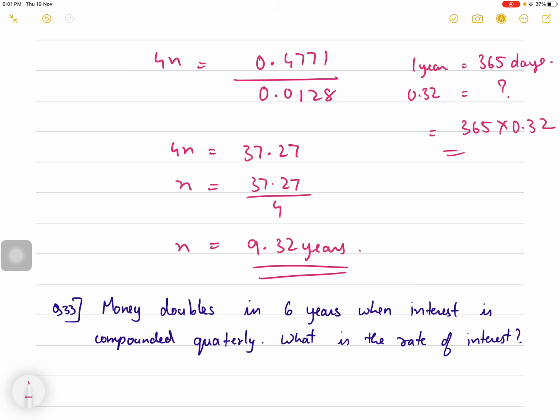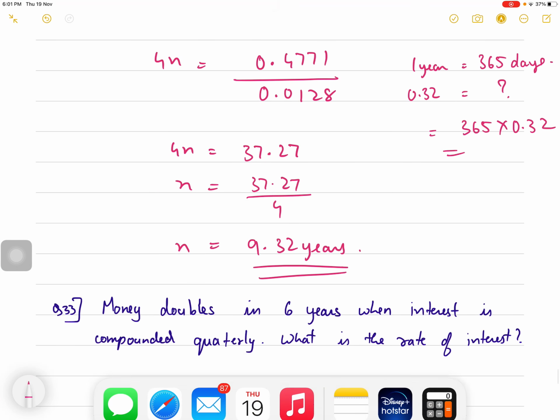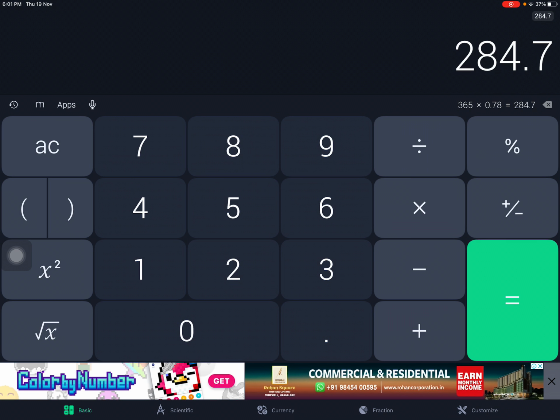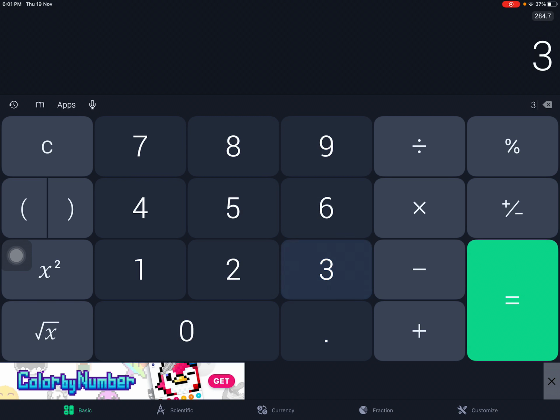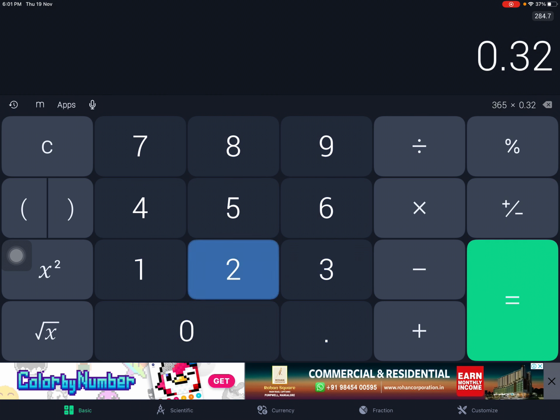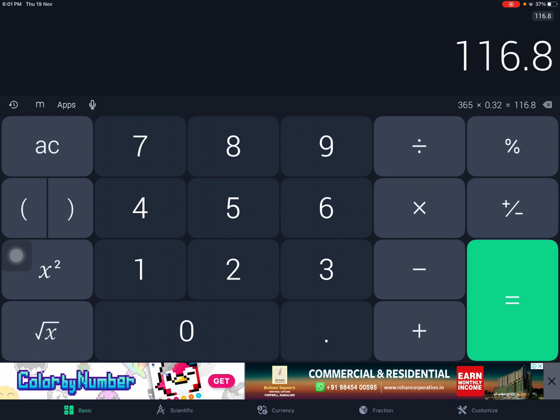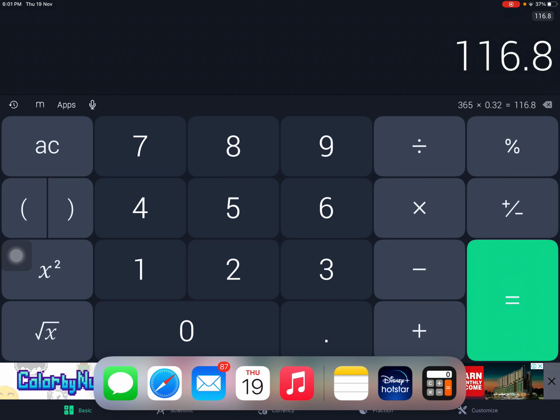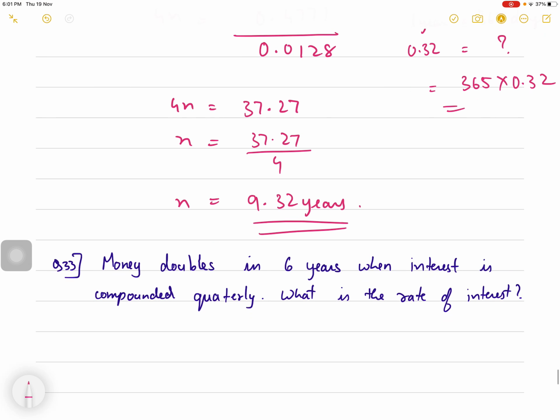When you do 365 multiplied by 0.32, you get 117 days. So 9 years and 117 days. Okay.